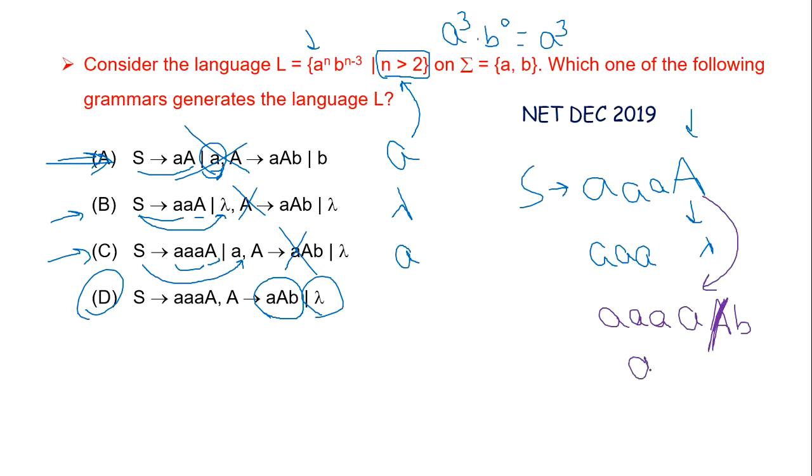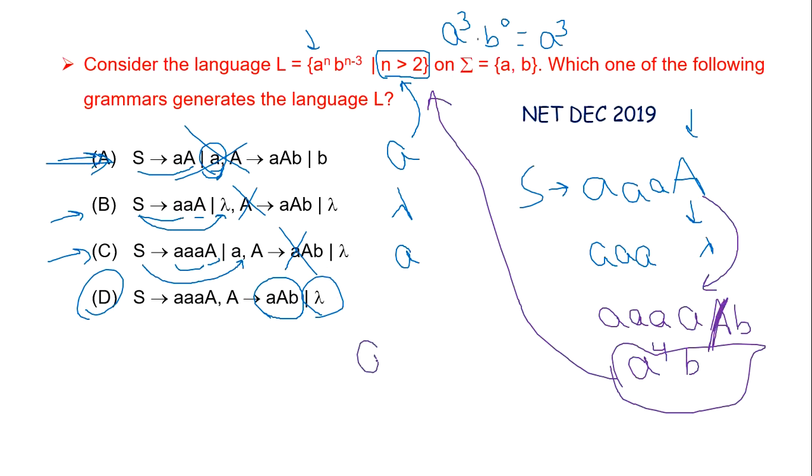So at the end, our next word will be A raised to the power 4 B. Now if we put n equals 4 in our a to the power n, b to the power n minus 3, that is 4 minus 3, we will get A raised to the power 4 B. That is the same as we just derived. And you can take a few more examples and you will see that you are getting exactly those words. So our right answer will be option D.